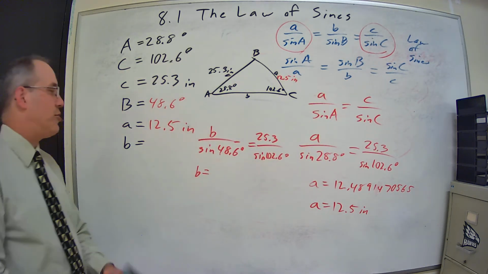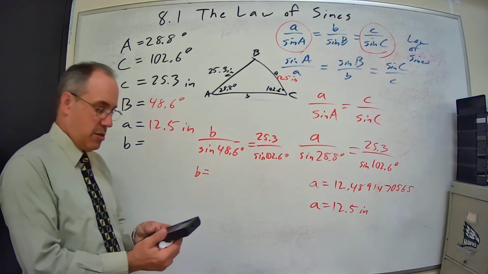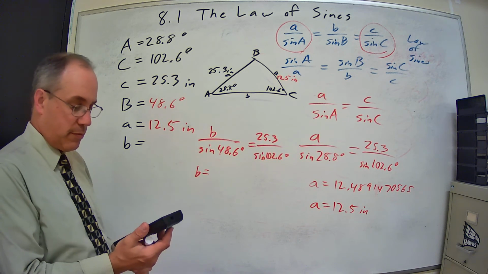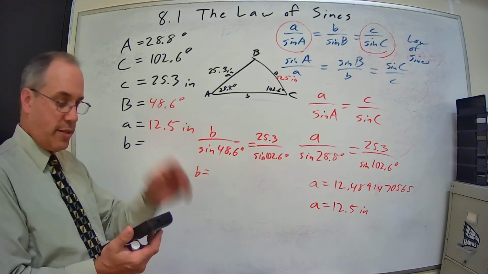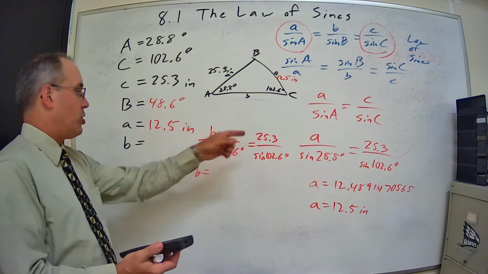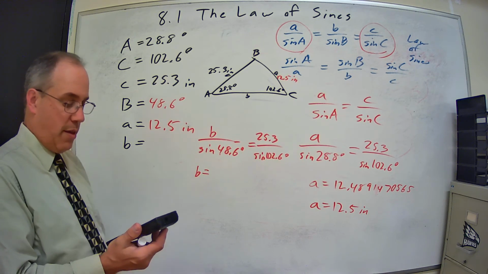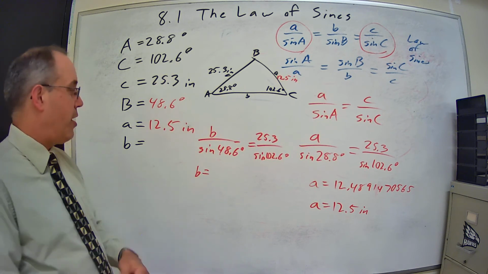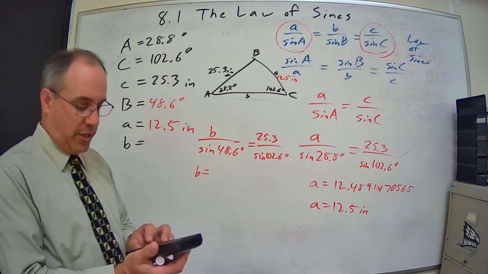So B is equal to, multiply that diagonal and divide by what's opposite. So the sine of 48.6 is approximately 0.750111, etc. I'm going to multiply that by 25.3. Gives me approximately 18.9778, etc. And I'm going to divide that by the sine of 102.6.